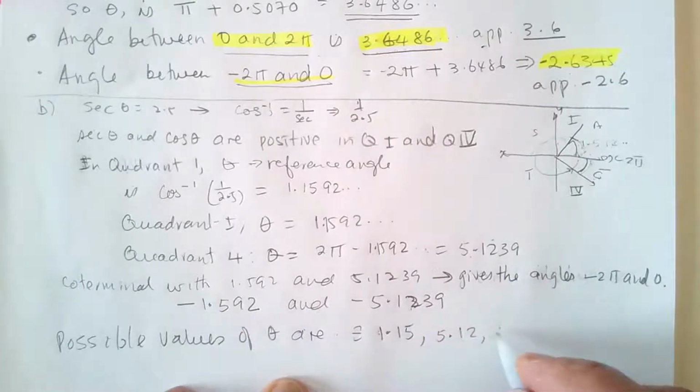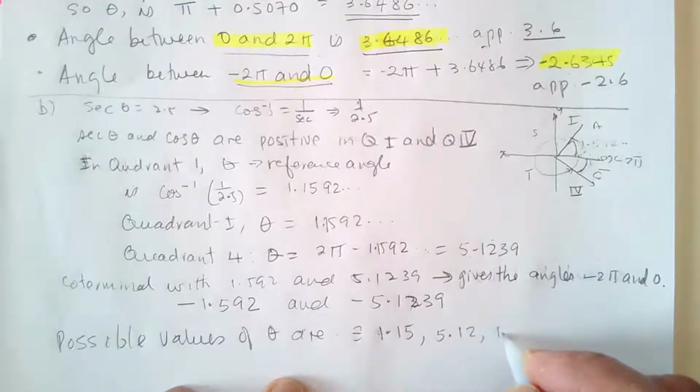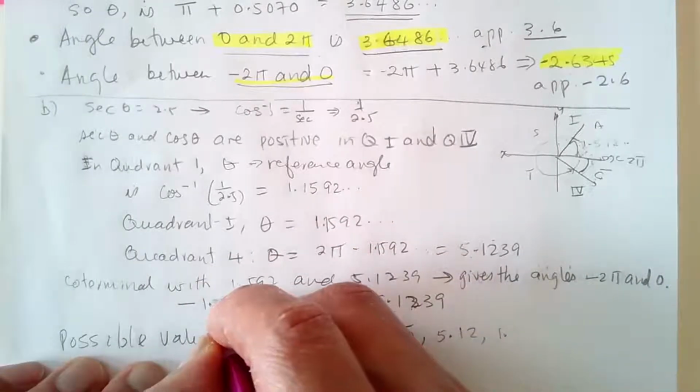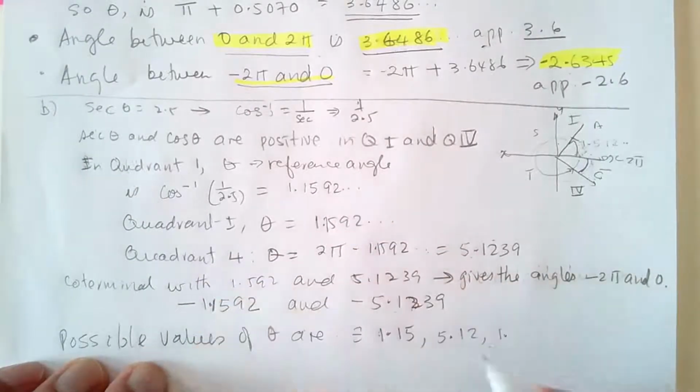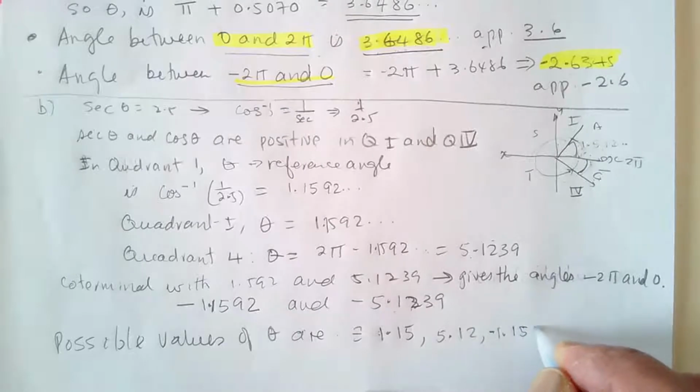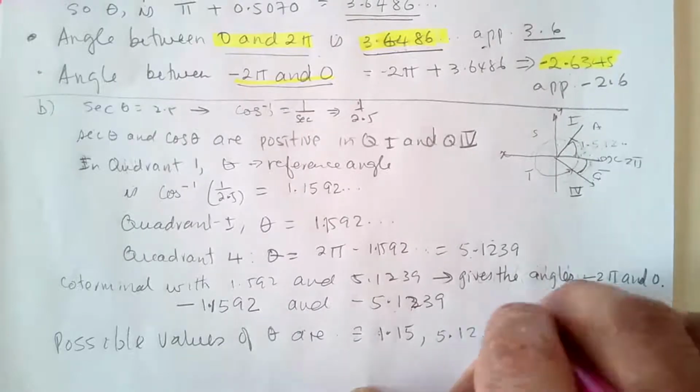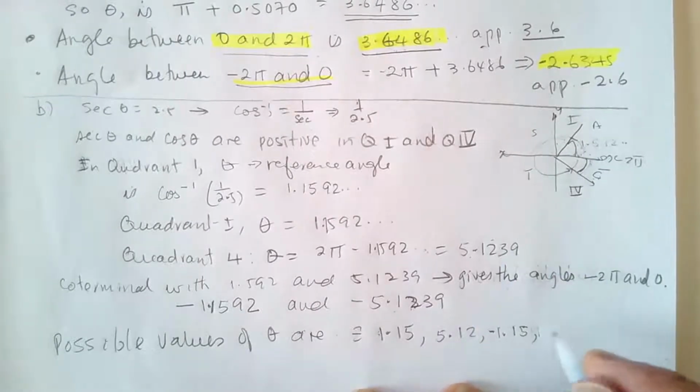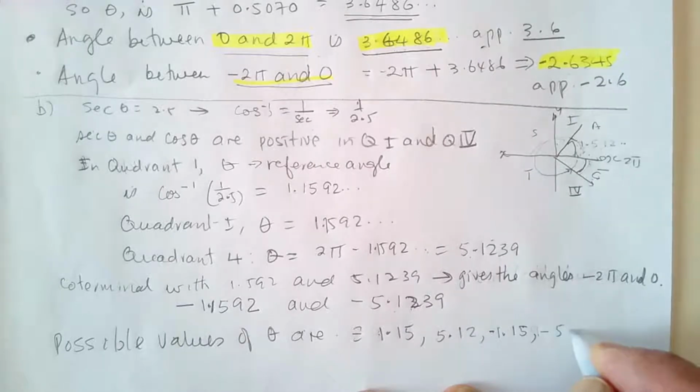And now we have negative 1.15. And the final one will be negative 5.12.